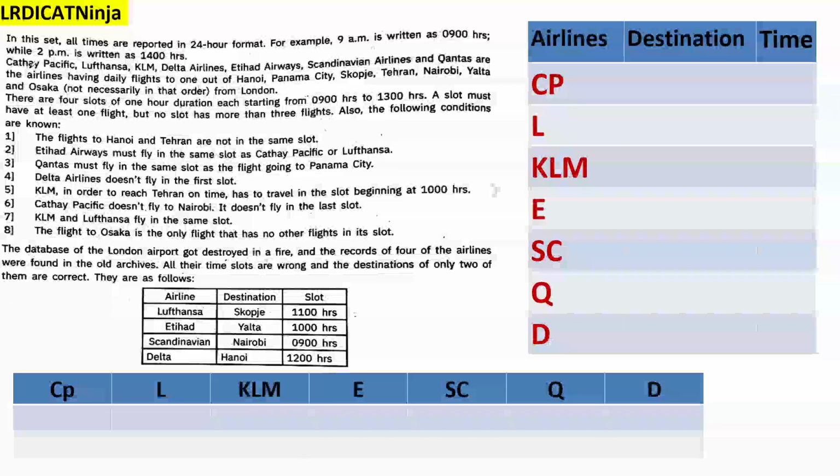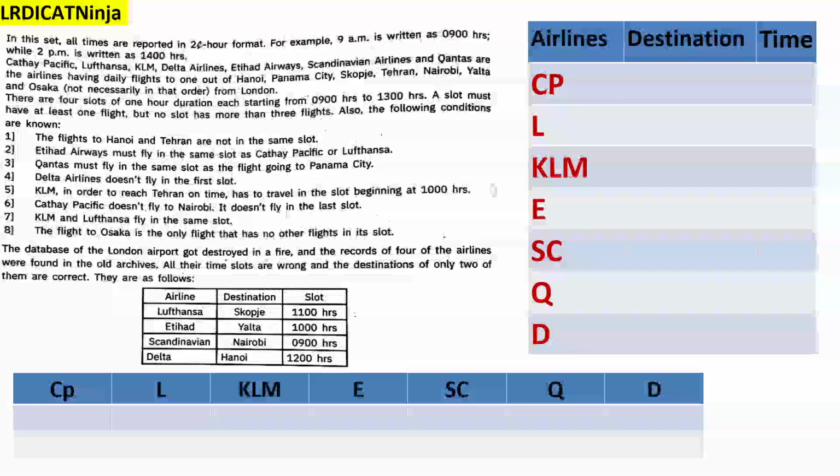The airlines are Cathay Pacific, CP, Lufthansa, KLM, Delta Airlines, Etihad Airways, Scandinavian, and Qantas. So these are the airlines which I have fixed, and then we'll try to fill the destination and their time slots. So let's read the set once again.